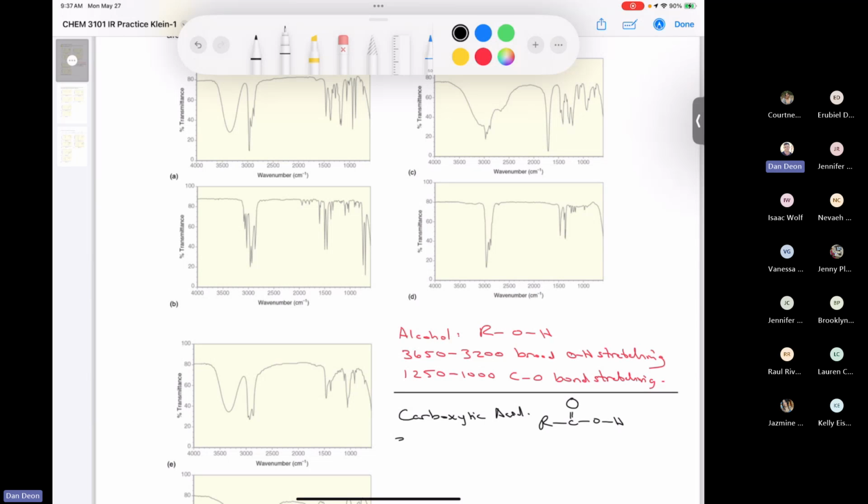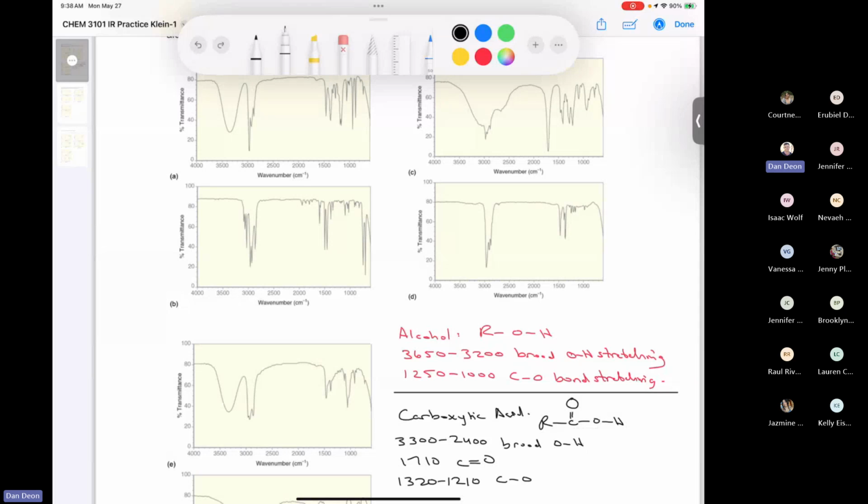That's between 3,300 and 2,400 reciprocal centimeters, and that is broad OH. Then we have the carbonyl, which is at around 1710. 1700 is close enough though, so we'll say that that's the carbonyl. And then the carbon oxygen stretching is between 1320 and 1210. So that's the carbon oxygen stretch. So that would be this stretch here.